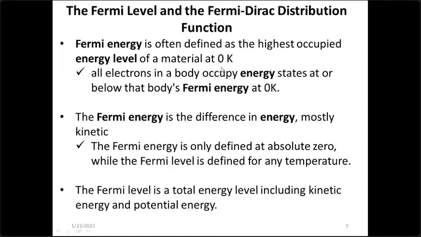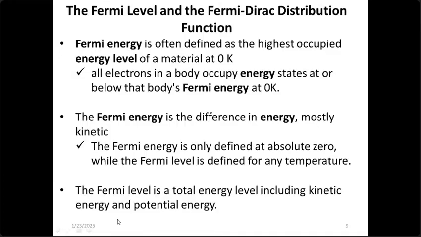Anyway, so let's see once more how to explain the difference between Fermi energy and Fermi level. So the definition of Fermi energy is the highest occupied energy level of a material at 0. So the definition of Fermi energy must be connected to the temperature, and it is only defined at 0 Kelvin.